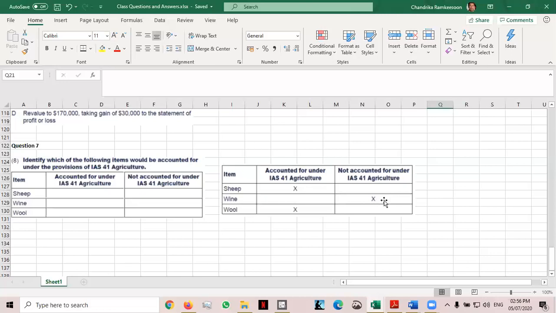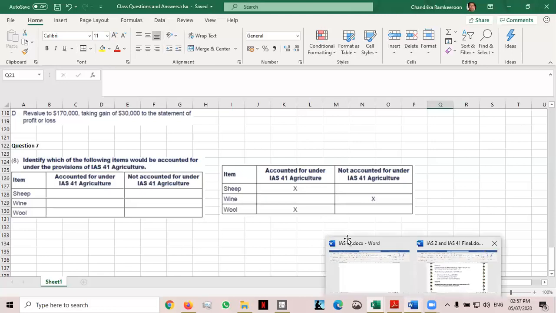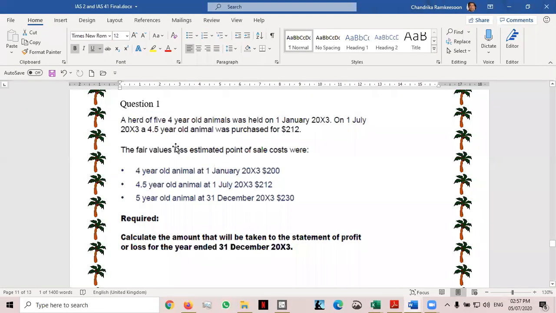Looking at the sheep, well, that should be obvious that the sheep would be under IAS 41, and so as well the wool. The wool has been harvested from the sheep. So at the point of harvest, it is still IAS 41. When the wool, however, is then converted into clothing or whatever it is, then it would be IAS 2. But we were not given that information. If we were to go back to the diagram, let's just back up a bit.